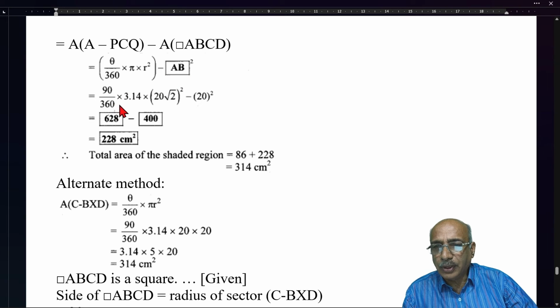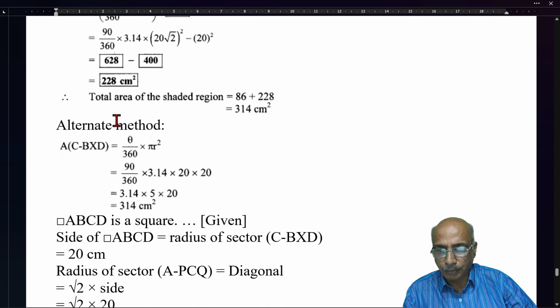So 90 upon 360 into 3.14 into 20 root 2 whole square minus 20 square. So the answer comes to 628 minus 400 equals 228 centimeter square. Total area of the shaded region equals 86 plus 228 equals 314 centimeter square.